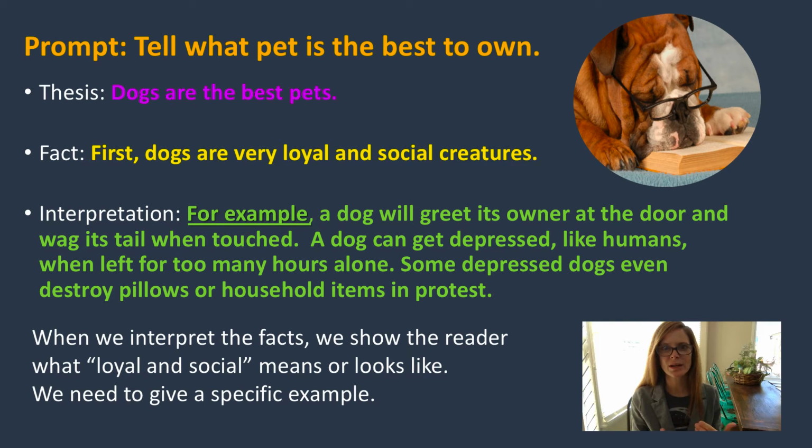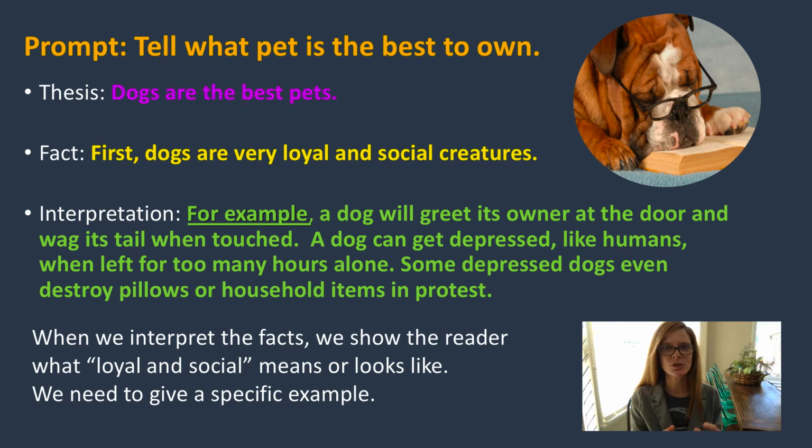Now, in your body paragraph, let's say you give this fact. First, dogs are very loyal and social creatures. Well, you've stated the fact, which is a truth or a generally accepted belief about dogs.